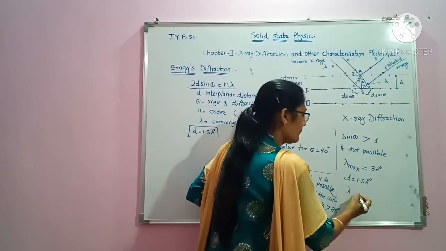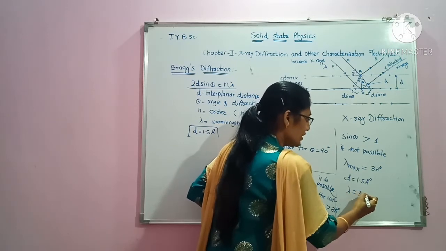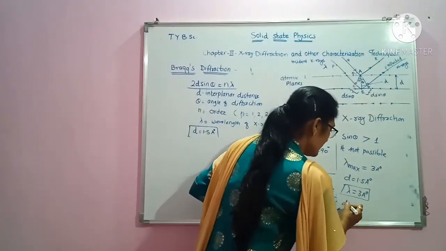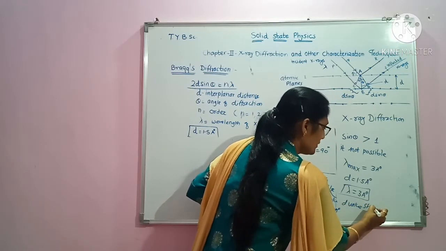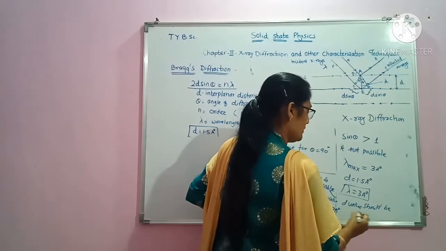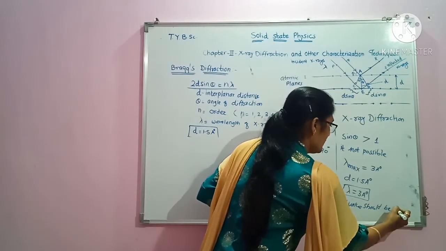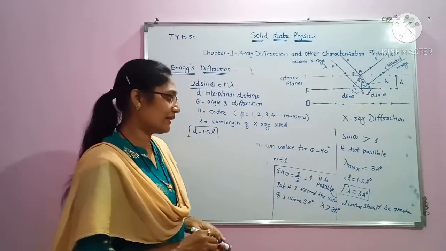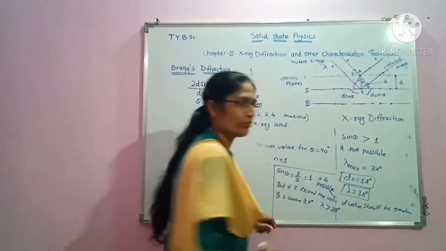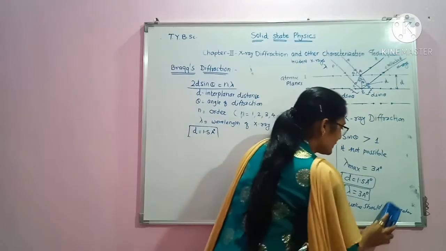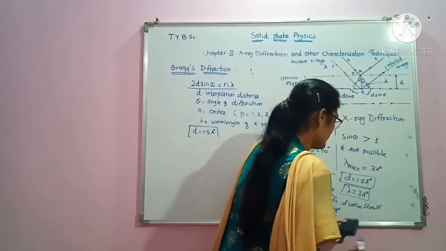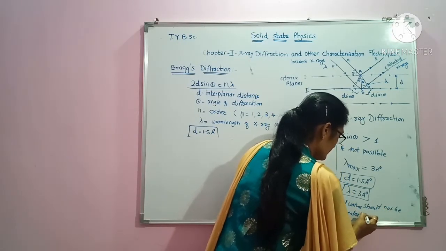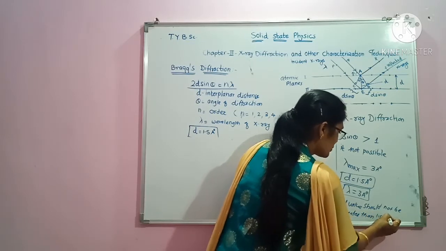Lambda value should be equal to 3 angstrom, and the d value should not be greater than this 1.5 angstrom.